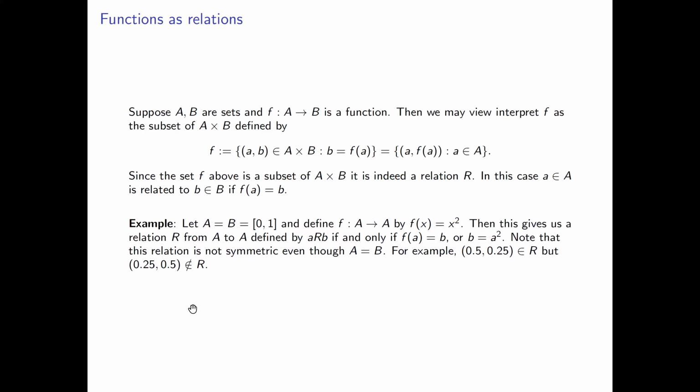Okay, and so this is more generally speaking how to define a relation from one set to another. A lot of the important examples we're going to be looking at are in the situation when B is equal to A. We've already seen a few examples of this. So instead of having a relation from A to some other abstract set B, we'll just be looking at relations where A and B are the same set.